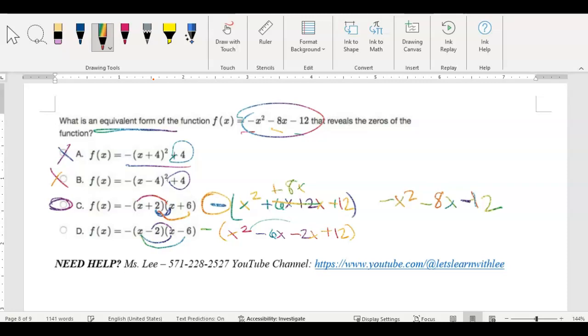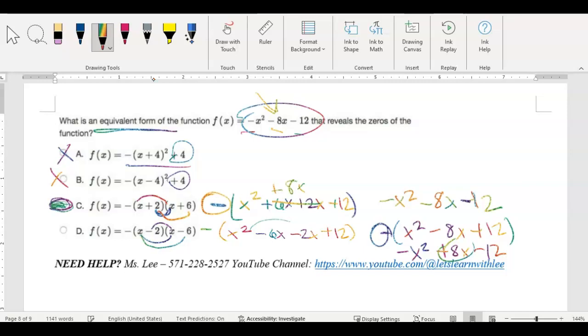I'll get negative x squared plus 8x minus 12. And so that's where this goes wrong, because of this sign. That negative middle term, or linear term, will become positive when I multiply it by a negative, and we want it to have a negative here. So this is going to be answer C.